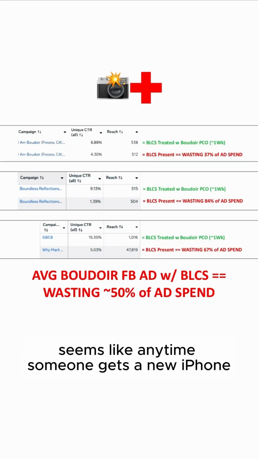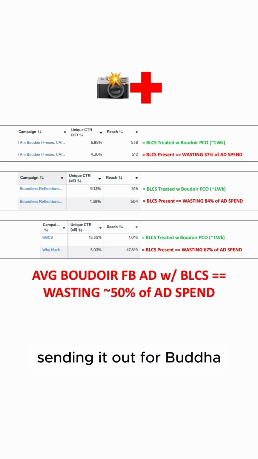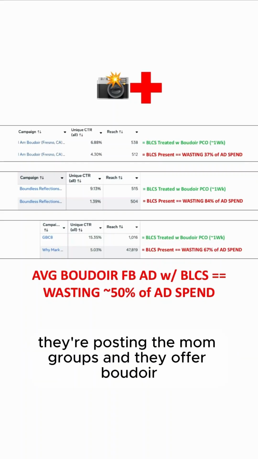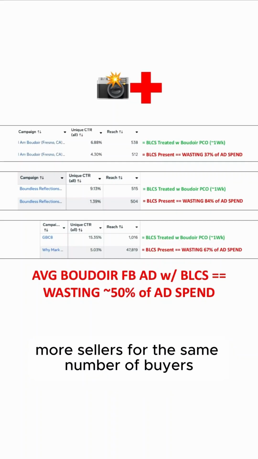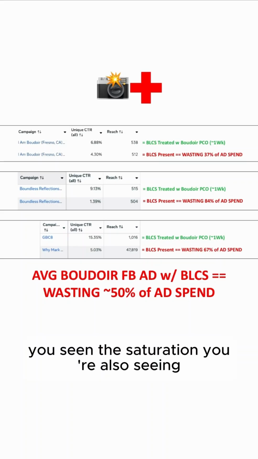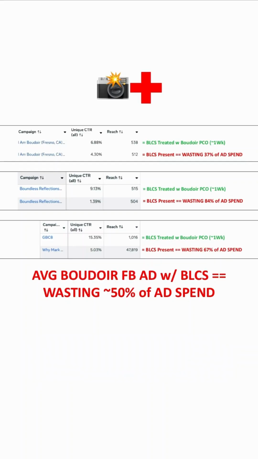Seems like anytime someone gets a new iPhone, they're throwing up a Google My Business profile saying they offer Boudoir. Or anytime someone gets a new camera, they're posting in the mom group saying they offer Boudoir. So the market's getting more saturated, more sellers for the same number of buyers. They're becoming more competitive. You've seen the saturation, you're also seeing more inflation and living costs.